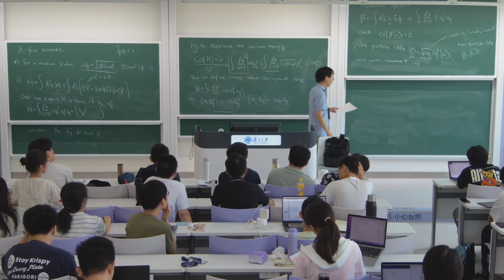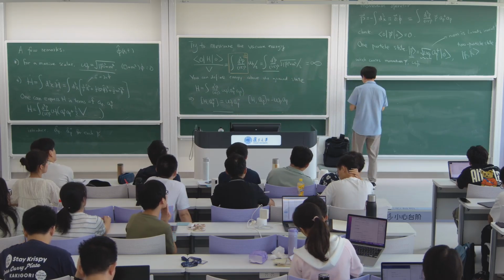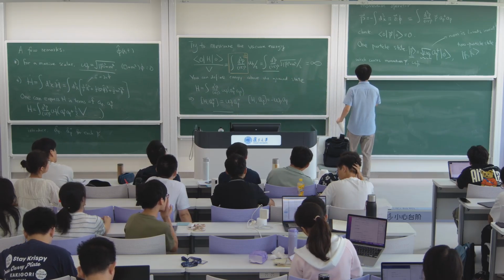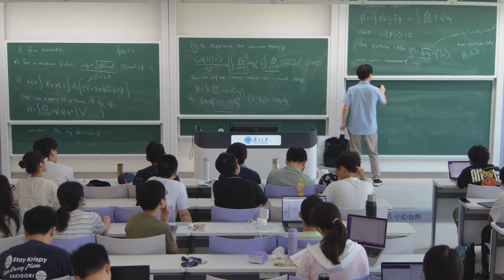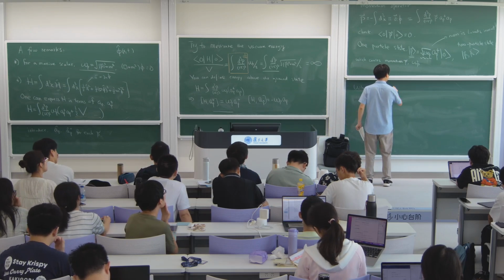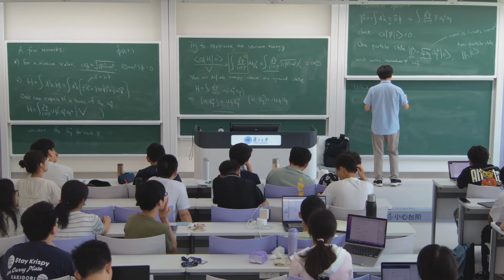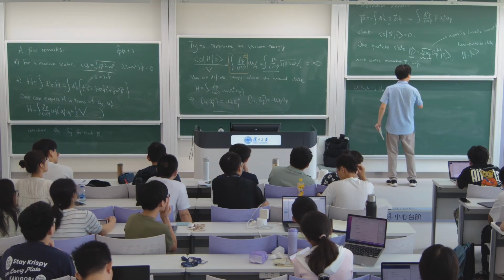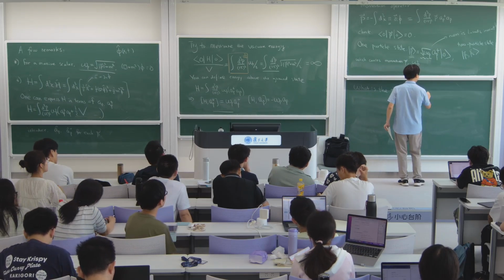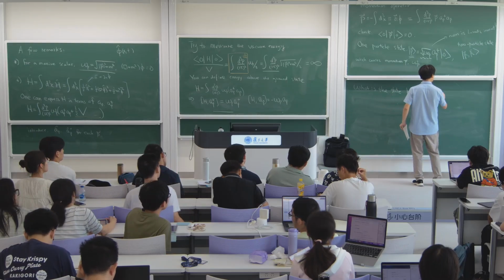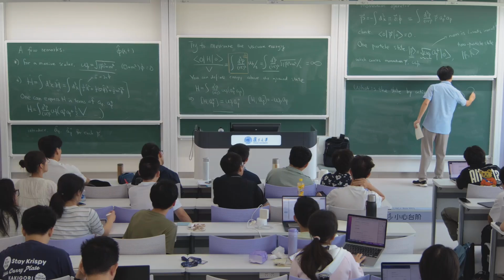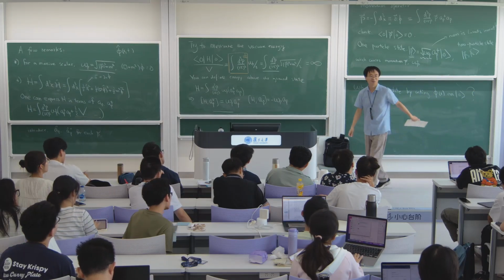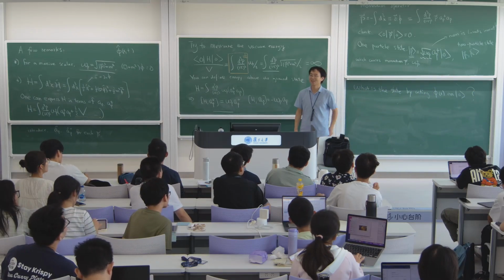Then you can ask a very naive question, and it's actually an important question. What is the state by acting phi x on the vacuum? That's the very first question you can ask.